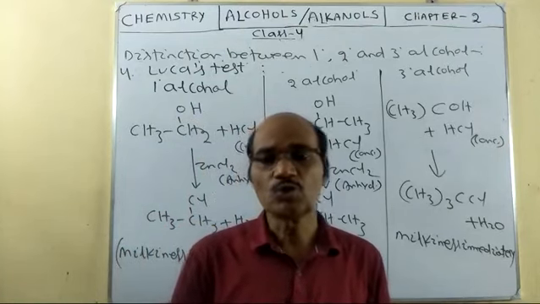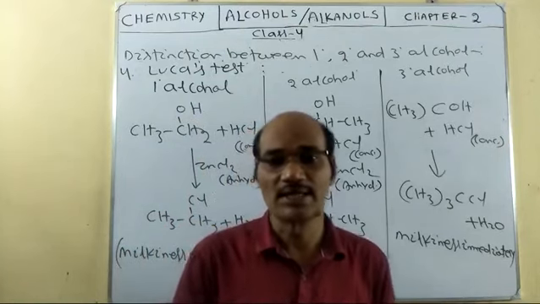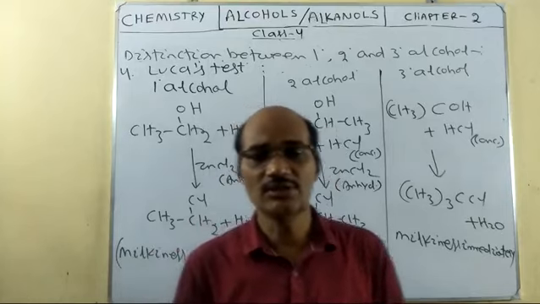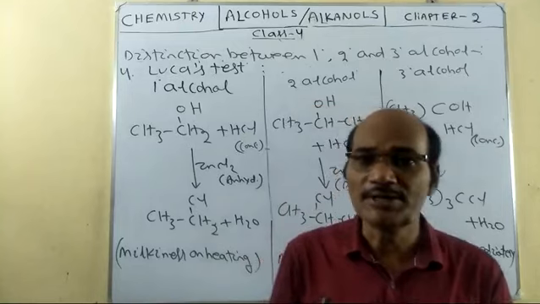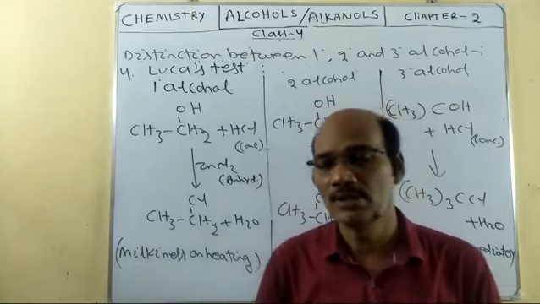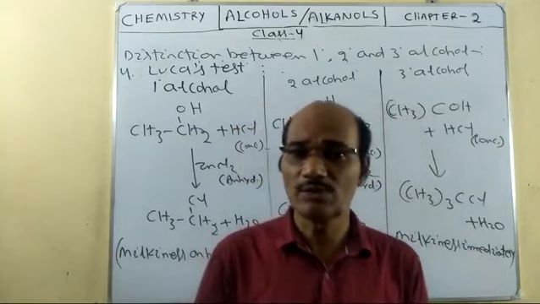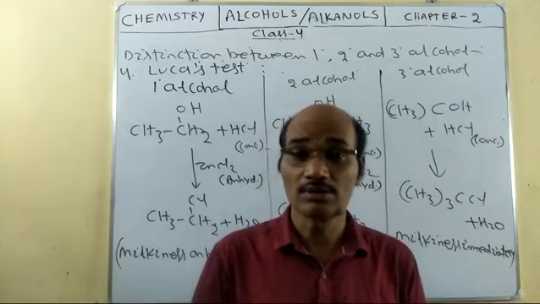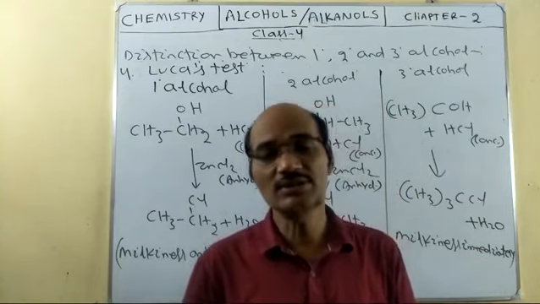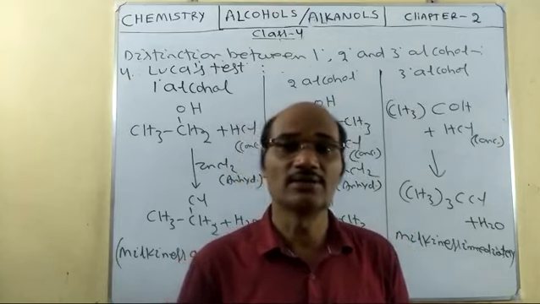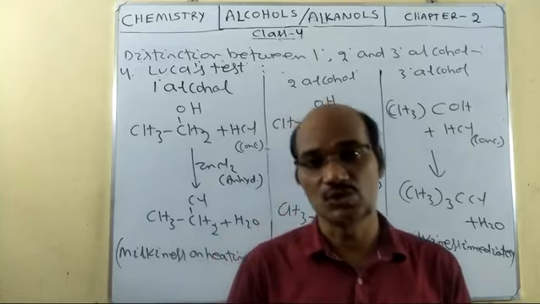As you know, towards HCl, the primary, secondary and tertiary alcohols have different reactivity. Here, tertiary alcohols are more reactive than secondary alcohols, which are more reactive than primary alcohols, towards the Lucas reagent, that is concentrated HCl and anhydrous ZnCl2.